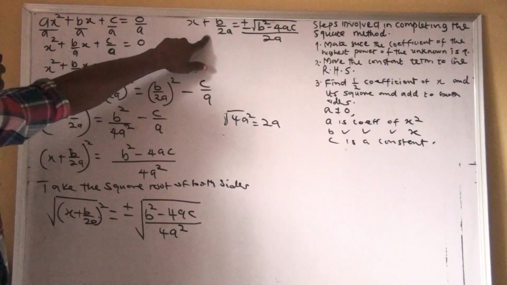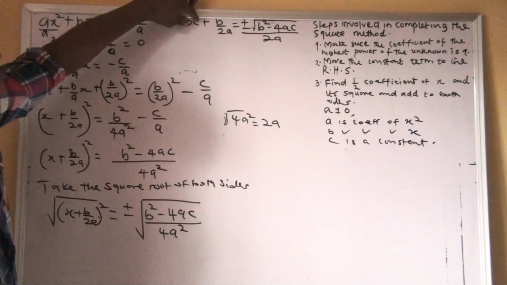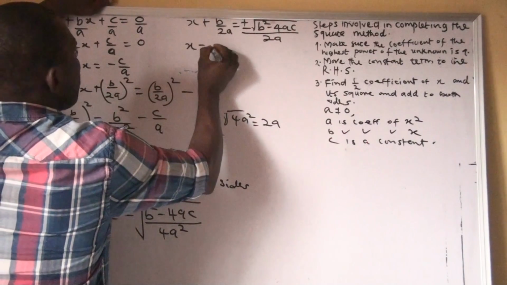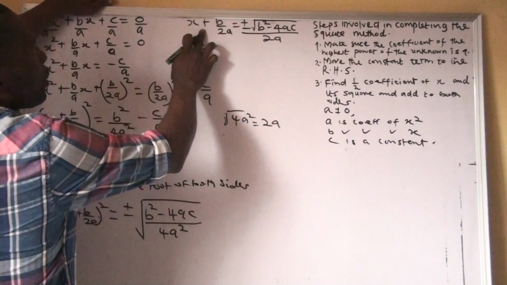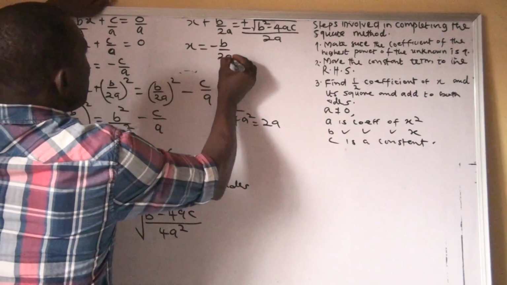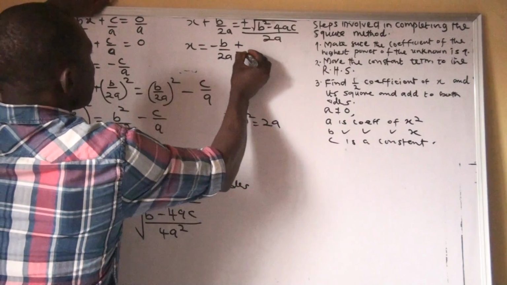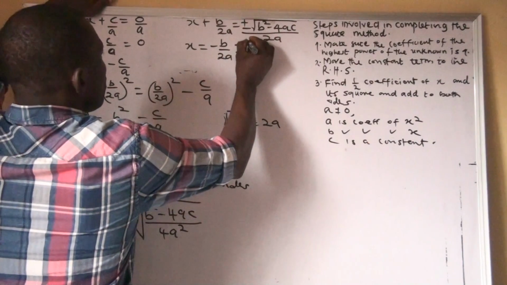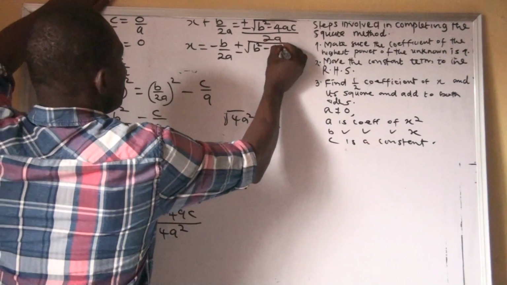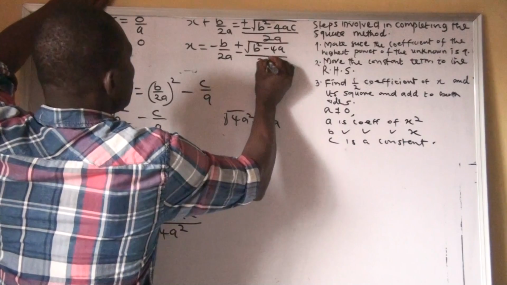Because what we are looking for is just x, the solution of x, x here is equal to minus, because this is plus, as it is coming this way, it becomes minus b over 2a, plus or minus the square root of b squared minus 4ac all over 2a.